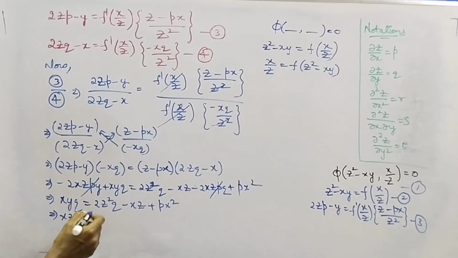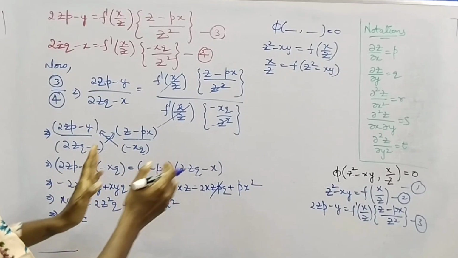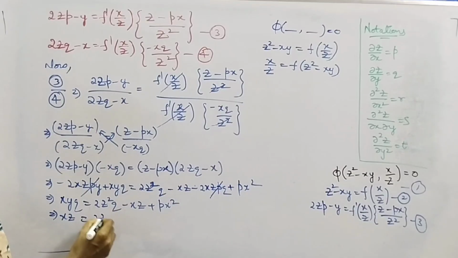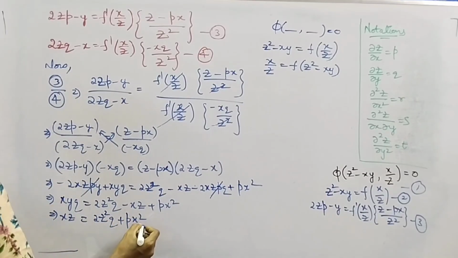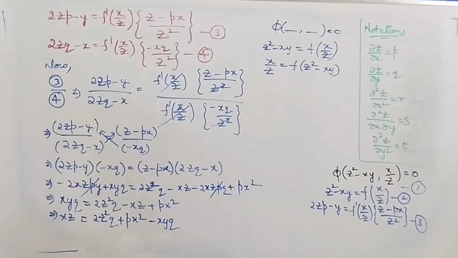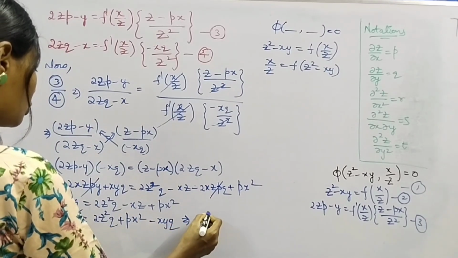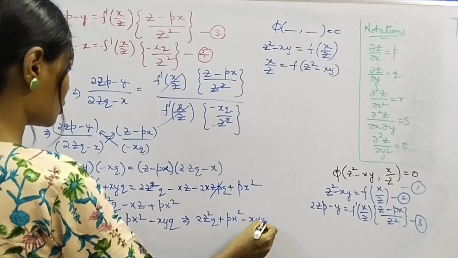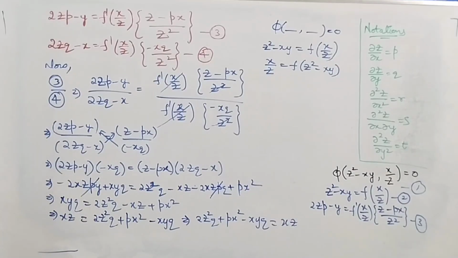Otherwise, we'll write all the terms that involve p and q in LHS and take the terms that do not involve p and q to RHS. I'll bring this to RHS so that it becomes minus xyq, or we can write the same thing as 2z²q plus px² minus xyq equal to xz, which is on the right track, right?